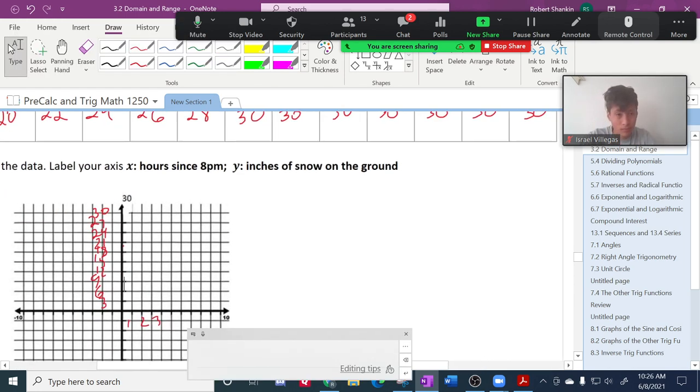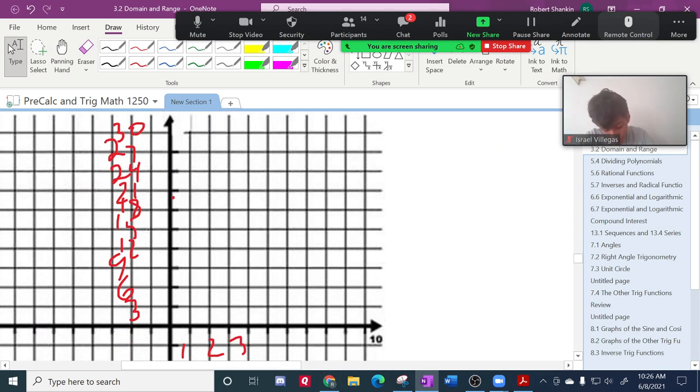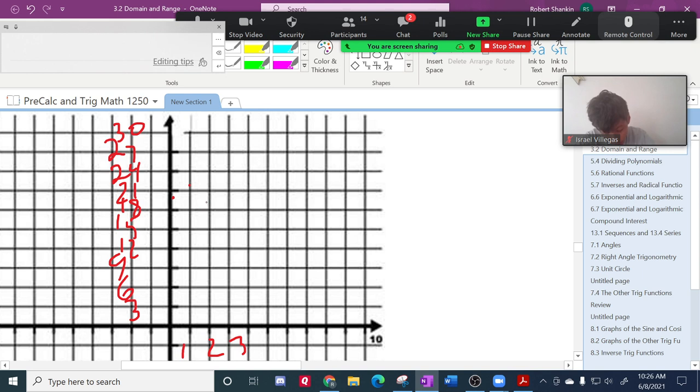And I'm going to zoom in on this. 2, and then it keeps going up by 2 inches, 3, it goes up by another 2 inches, and if we connect these, it's going to look like this.